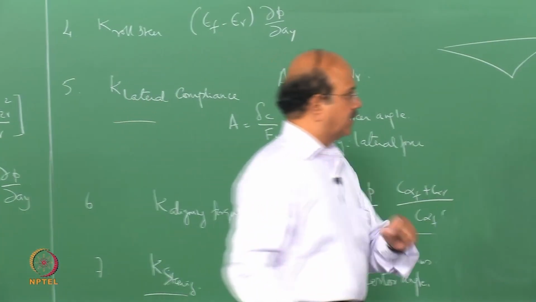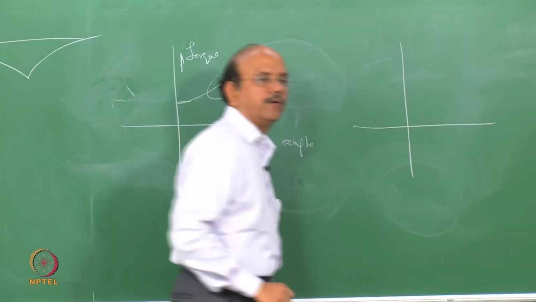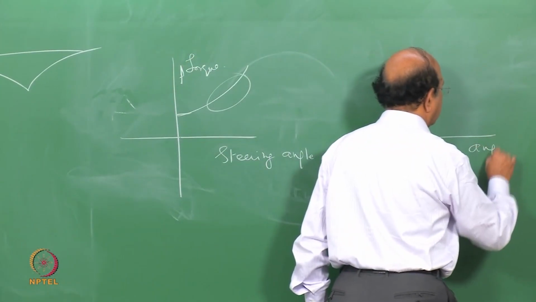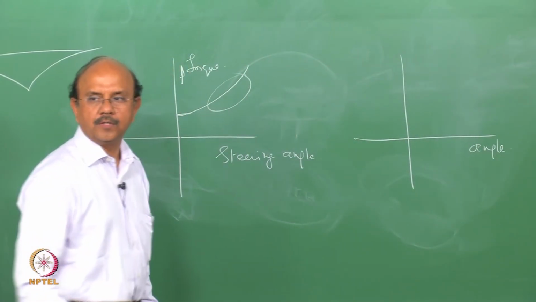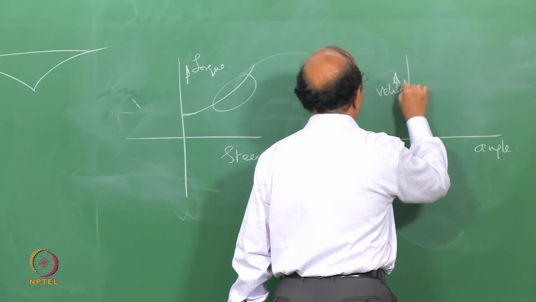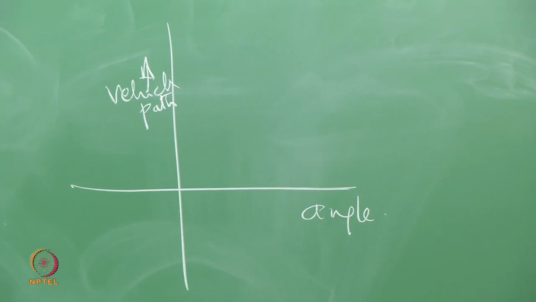I can plot another graph which is very important, which is the steering angle versus the vehicle path. Angle versus the vehicle path.